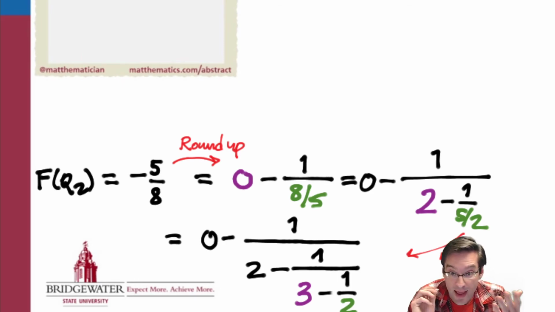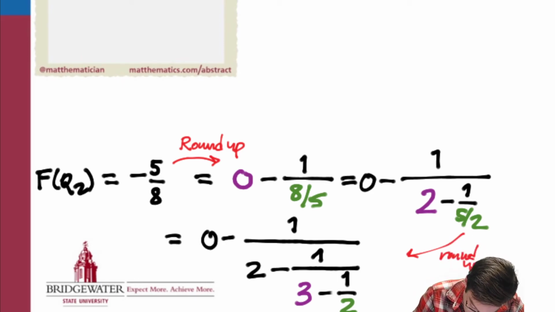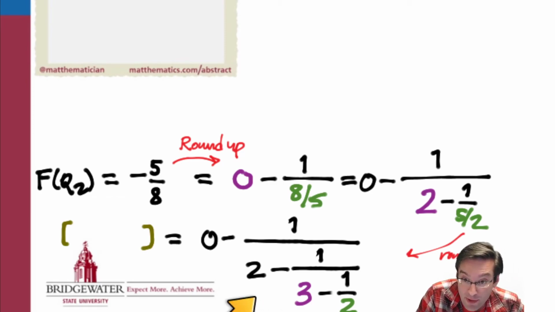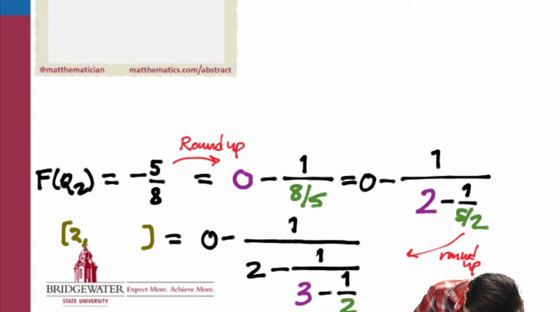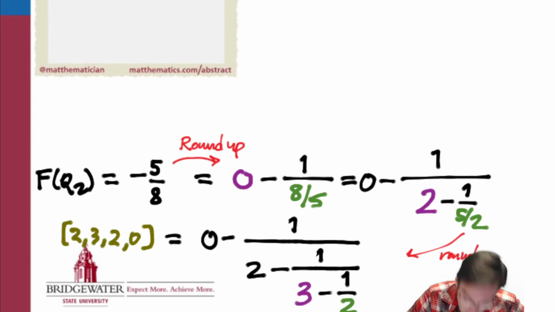And so now that I have a continued fraction representation of the rational number, -5/8, what that is supposed to allow me to do is then to pick out, I'm going to write this in bracket notation that we used from before. For bracket notation, we're going to start in the innermost denominator and work our way up. So I'll start from my 2 down here and read 2, 3, 2, 0. Right, would be a bracket notation for that continued fraction.